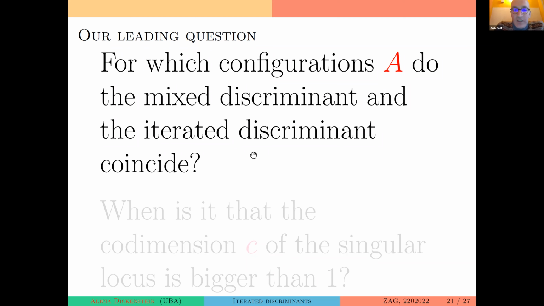Okay, thank you. Any other questions? Another question: are there some connections between iterated discriminants and tropical discriminants? Of course, you could try to tropicalize this construction, which we didn't do. We started trying to compute the mixed discriminant using some tropical tools, and then we got terrible information.